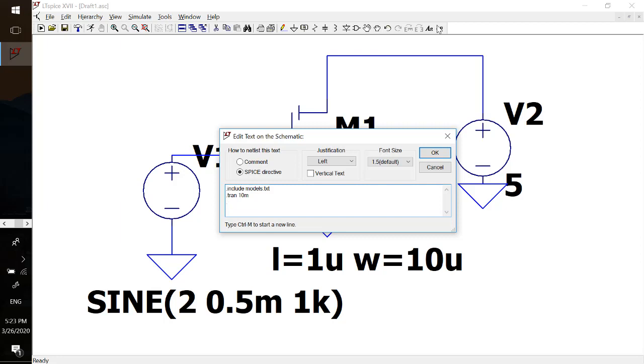Sometimes they will compress your figure to make your plotting look weird. So just in case it's going to happen, I will do this. Dot option plotwinsize equals 0. This will get rid of the compression function of LTspice and will give you a normal plot.